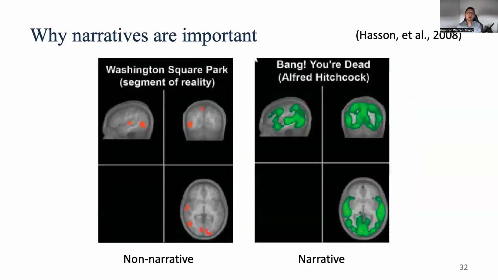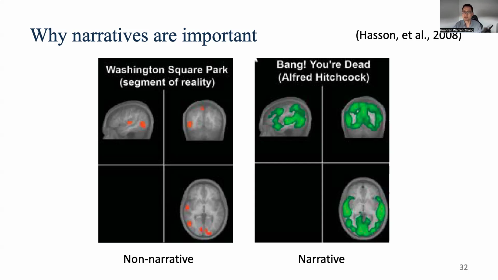Now, here is another quite interesting neuroscience study that demonstrates the reaction of the audience when they watch different types of videos. On the left is the firing in the brain when the audience watches a video of reality, just a truthful documentation of what is going on in Washington Square Park.